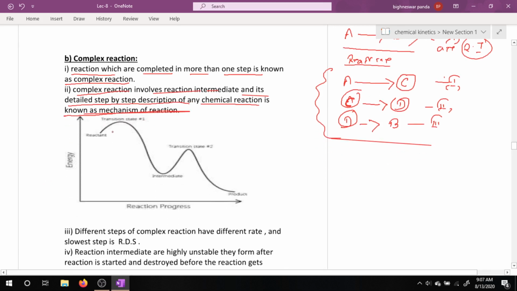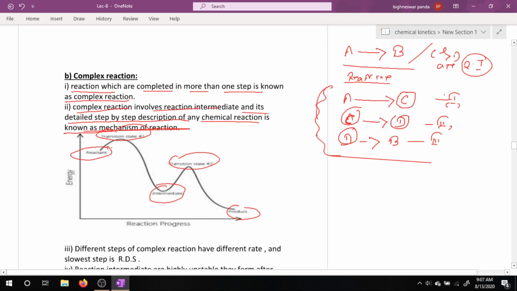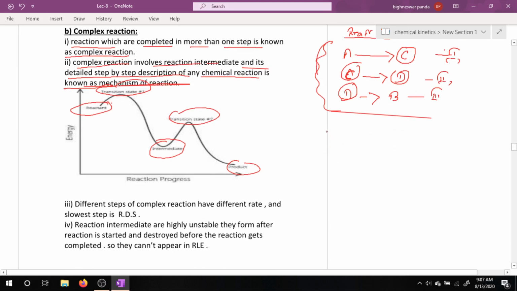If we observe this graph here, this is the reactant, this is the product, and this is the transition state being formed, and this is an intermediate being formed. So if we consider our reaction A gives rise to B, I can draw the graph as follows.